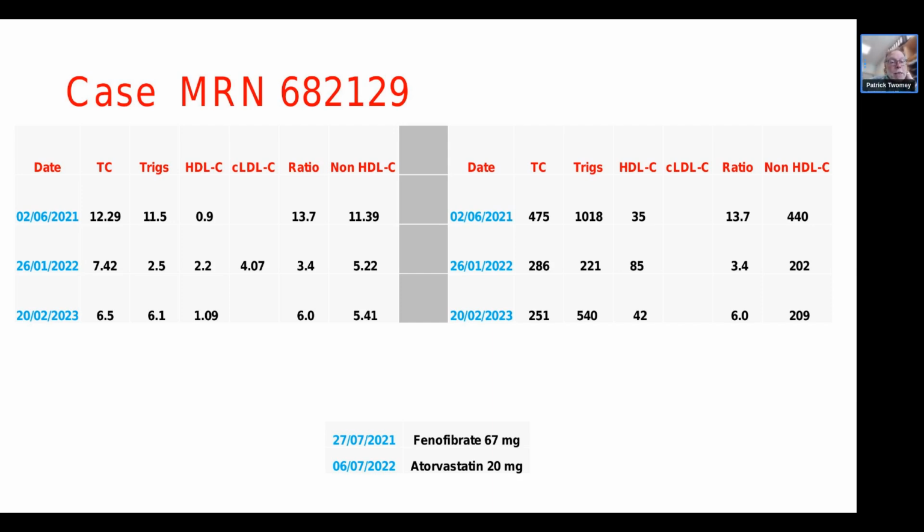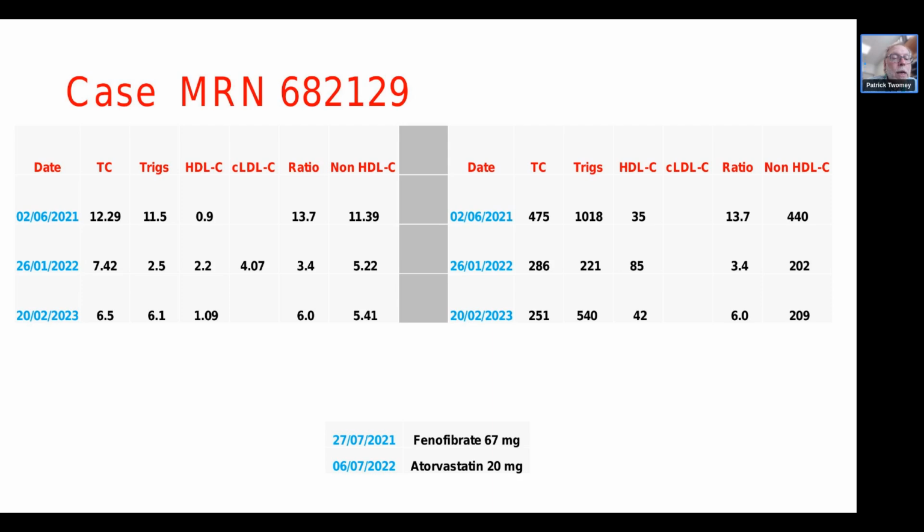In this case, all these cases I've seen at clinic, the main issue is a mixed dyslipidemia with quite a raised total cholesterol and triglycerides. And not surprisingly, no calculated LDL, a very high ratio of total cholesterol to HDL, again as expected, and a raised non-HDL cholesterol.